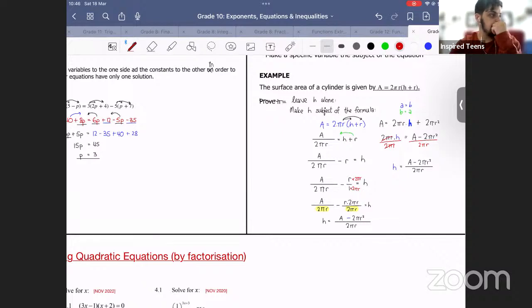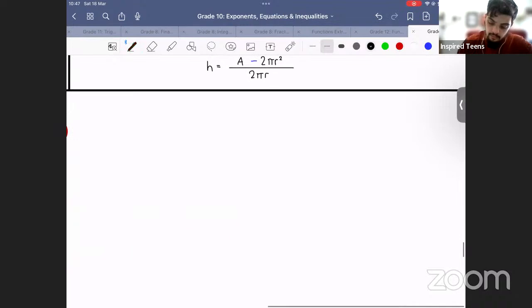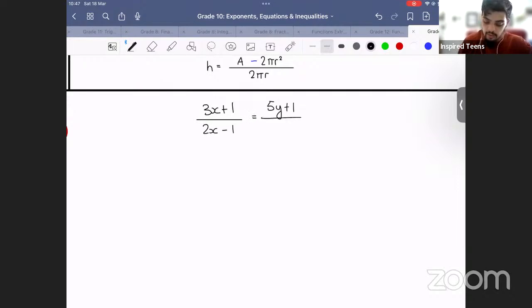Let's maybe do a complicated one like this: 3x plus 1 divided by 2x minus 1 is equal to 5y plus 1 divided by 2y.